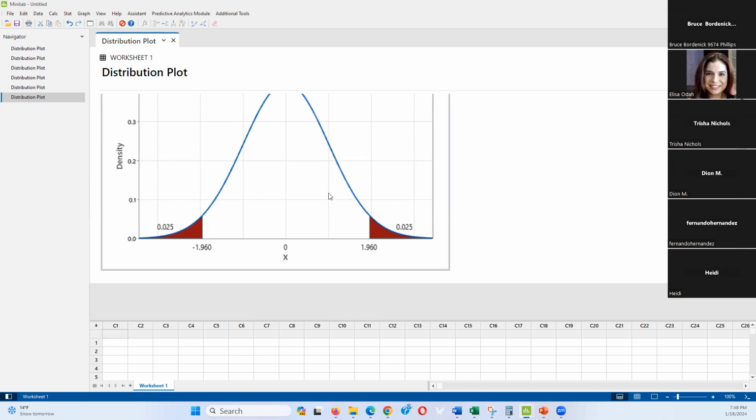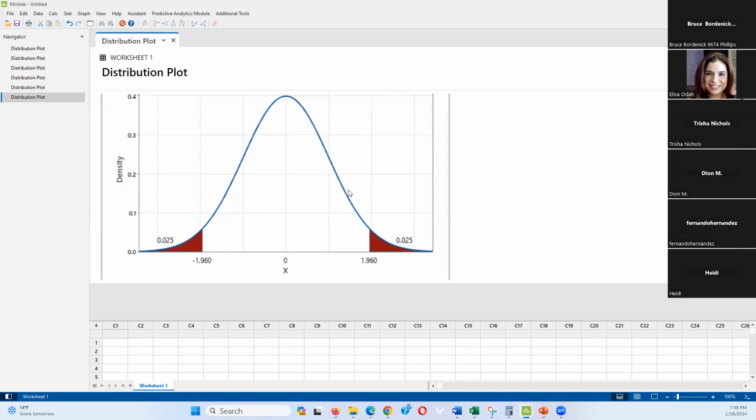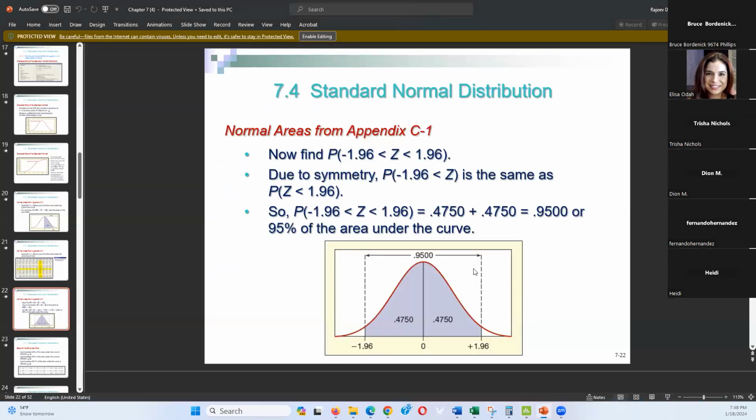Now, what is the application of this? Why are we doing all this, this curve, and what is its importance? We can understand that from this example.